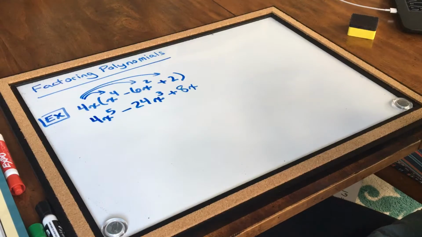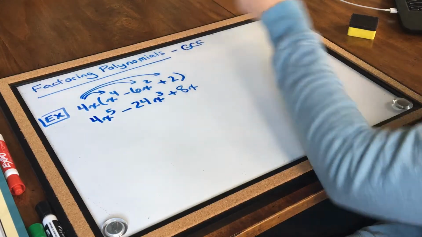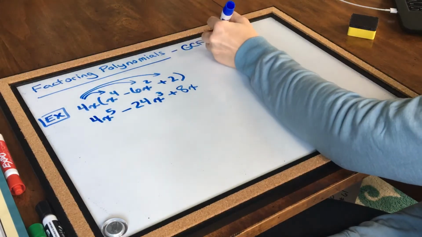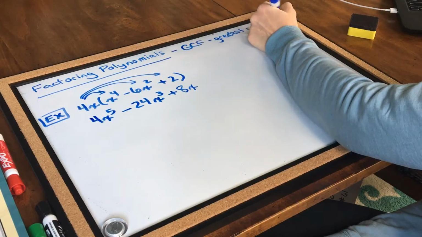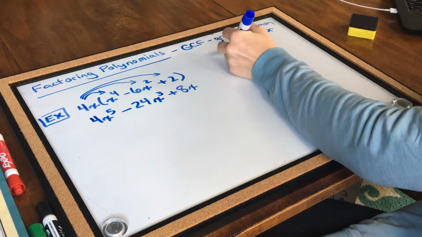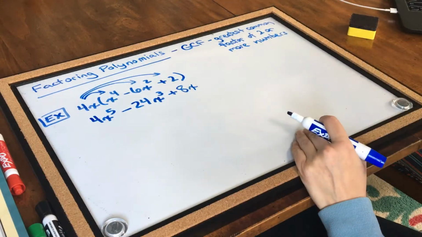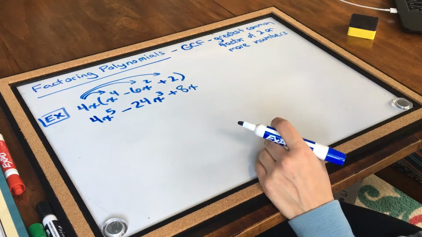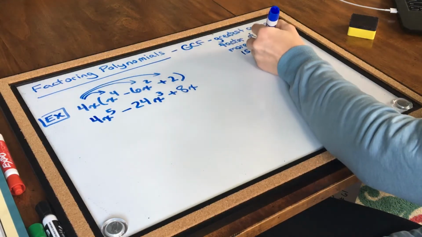So in order to factor a polynomial, we need to find the GCF. And remember, the GCF is the greatest common factor of 2 or more numbers. And just as kind of a memory, if we take 2 numbers, for example, like, I don't know, 15 and 18, okay?